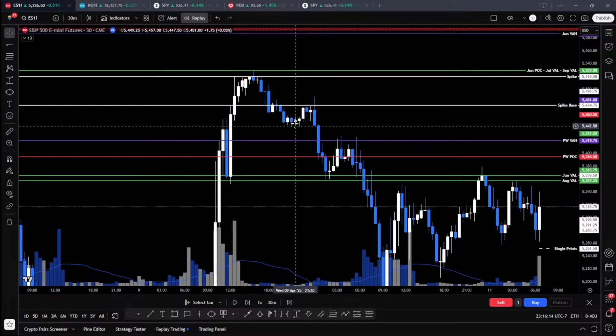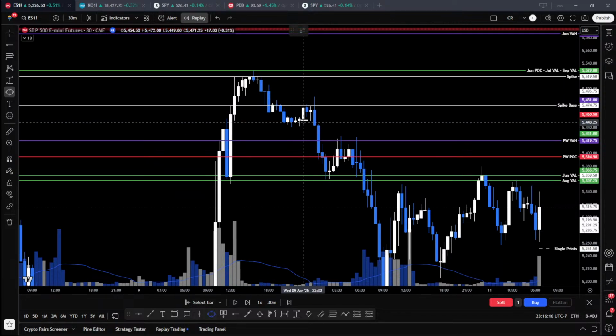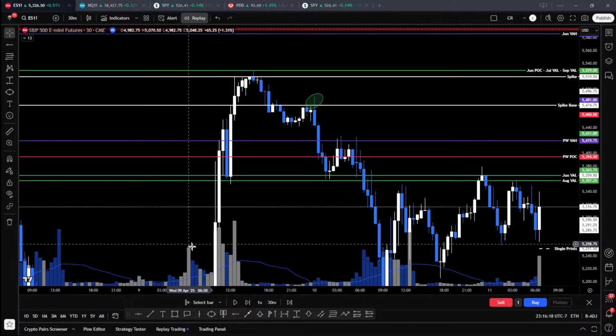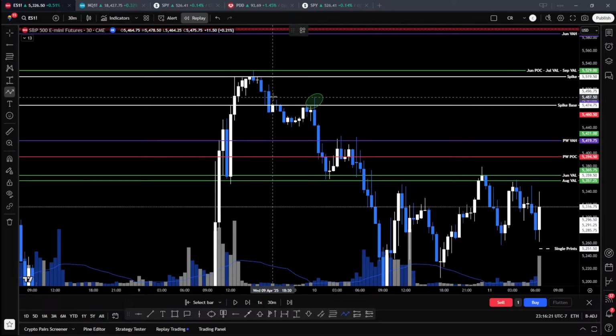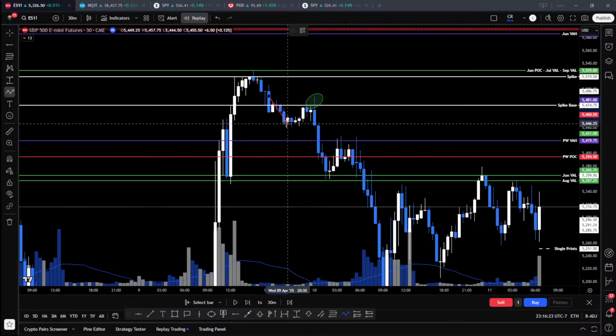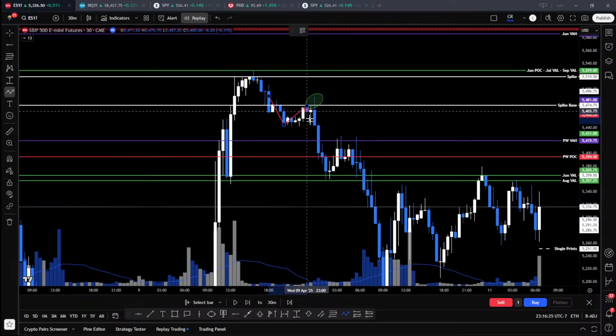And then you can actually see, so this is a good example of what I was talking about, where we came below our level and then it acts as resistance, right?